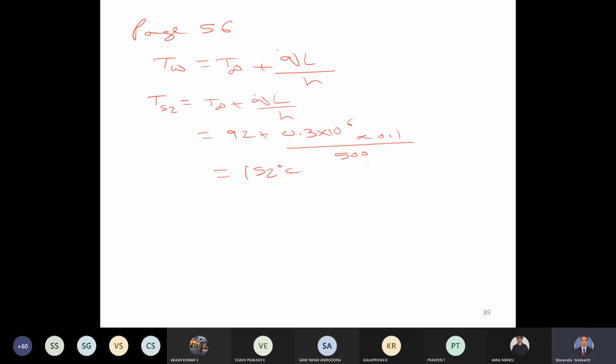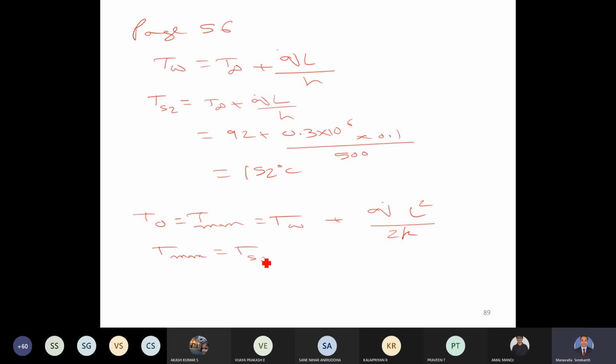And now the problem asked is to find the maximum temperature. So the maximum temperature is at the center, at the insulated surface. So we have this equation here, in the same page of the data book, we have T naught, which is the same as T max, equal to TW plus Q dot L square by 2K. So this will be T max.